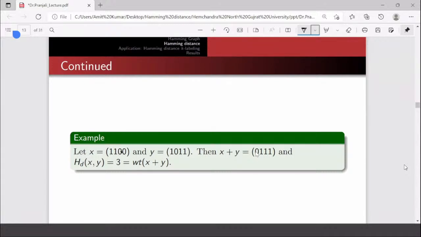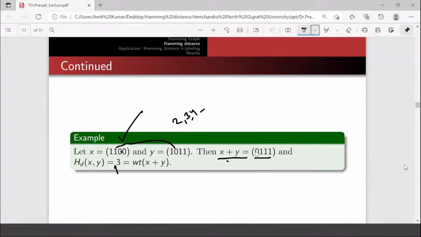So take an example: x is 1, 1, 0, 0 and y is 1, 0, 1, 1. Then x plus y is 0, 1, 1, 1. If you look at the Hamming distance from here, this place is the same. This place is different, so 1 is from here. Similarly, the second, third, and fourth places are different.